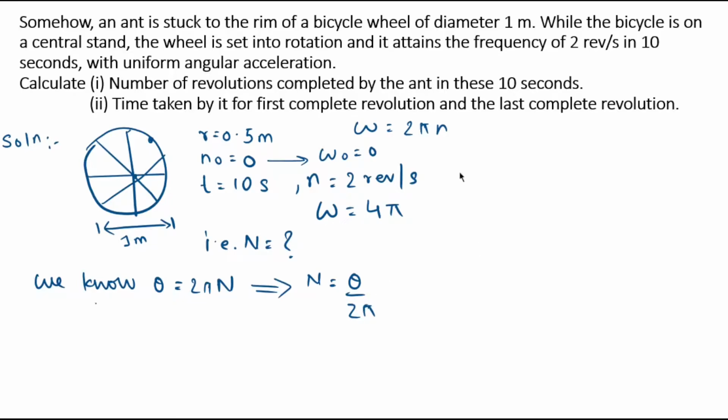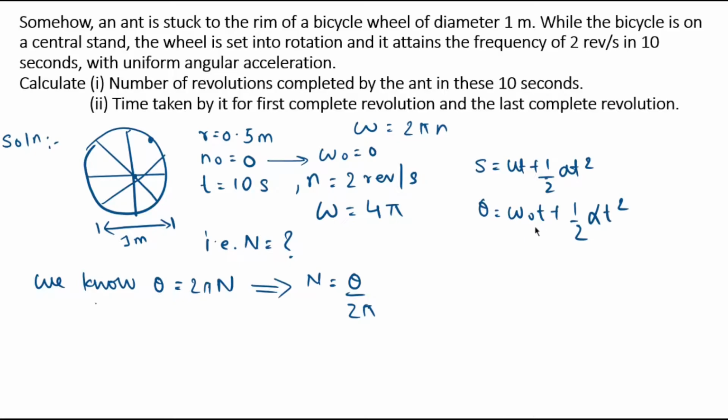From the kinematical equation we know that s equal to ut plus half at square, where u is our initial velocity, a is our acceleration, t is our time and s is our displacement. For angular displacement theta, this formula will be omega naught t plus 1 by 2 alpha t square.